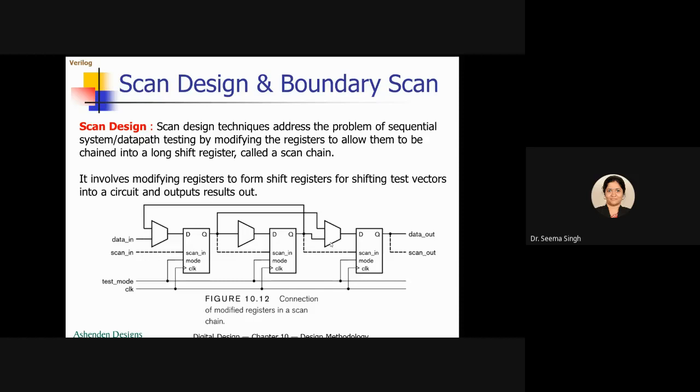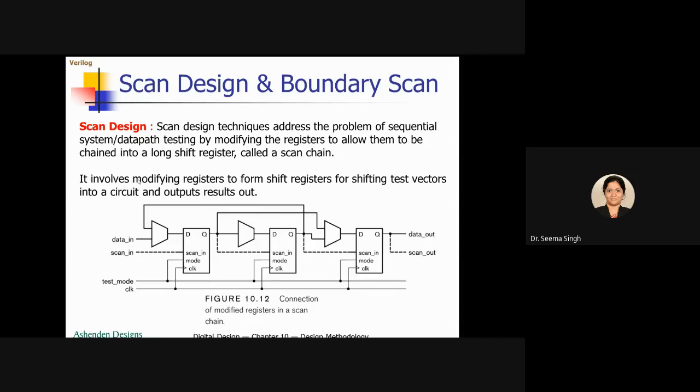Why? Because it is scanning each and every register which is coming in the data path. I hope you remember what a data path is: the data, whatever flows through a system, that is your data path. Now we are modifying the register. You see this word, modifying register.